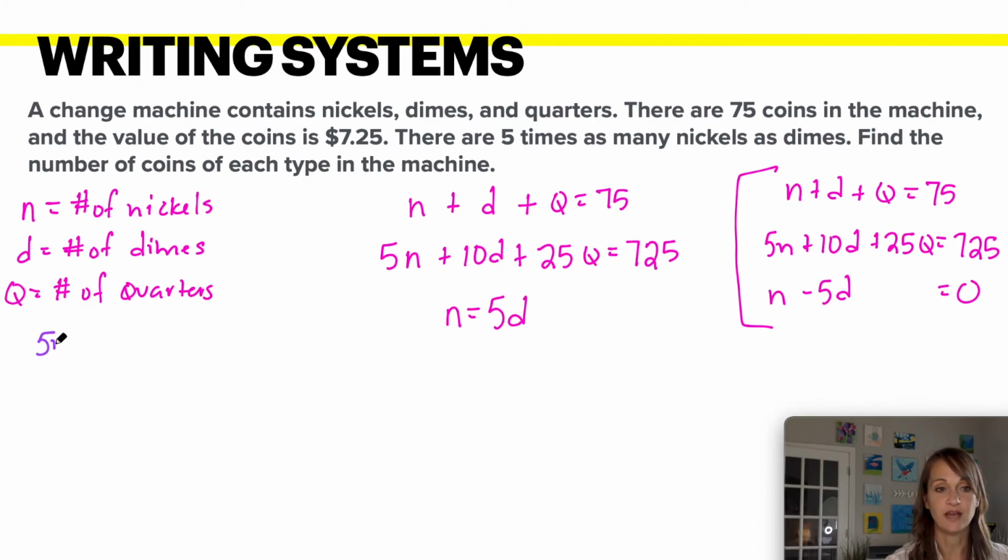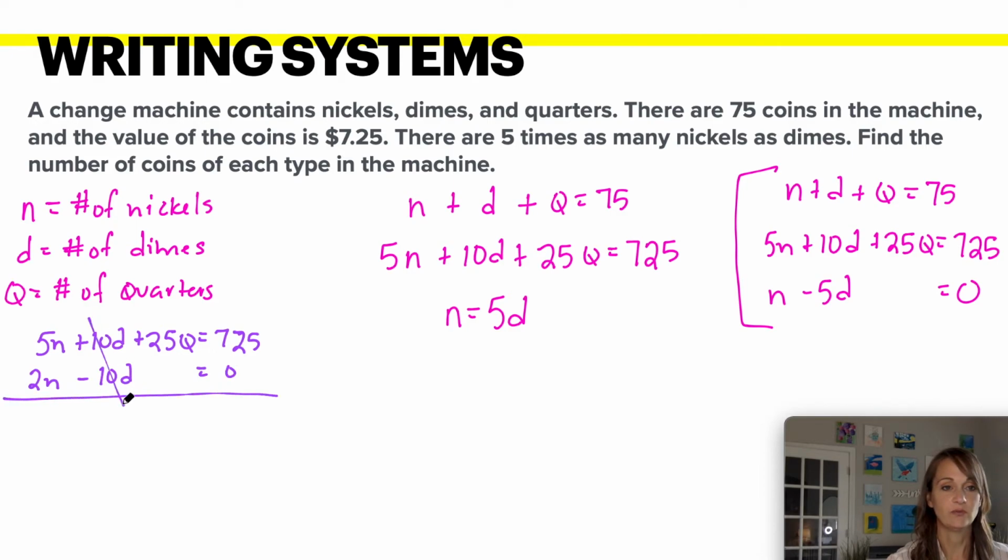So I will get 5n plus 10d plus 25q equals 725. And then I'm multiplying it by 2, I will get 2n minus 10d equals 0. So those will eliminate, leaving me 7n plus 25q equals 725.